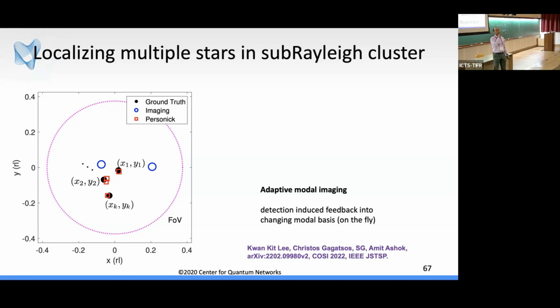This is something I will not go into in detail. Do you remember the Personick bound I talked about? The very beginning, the first slide of my lecture yesterday. This is the Bayesian quantum bound that achieves the minimum mean squared error for a given prior p of x, where rho of x is the state that carries that parameter. That was the workhorse behind the work we did in this paper.